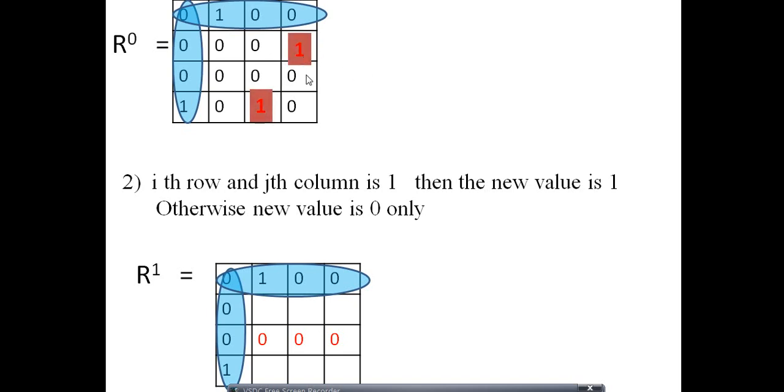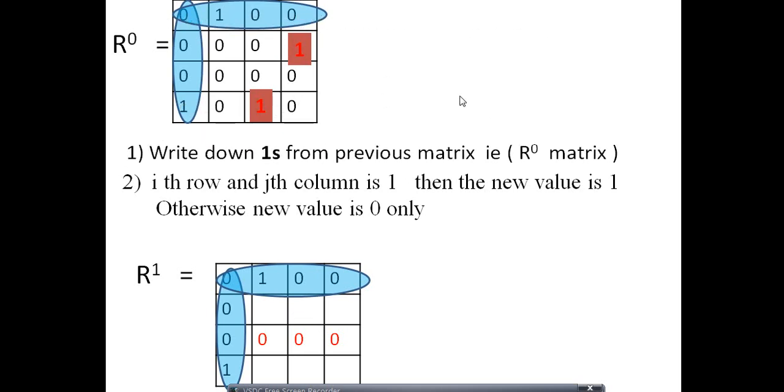Two ones are there, so write them as they are in the R1 matrix, because they are previous matrix values.